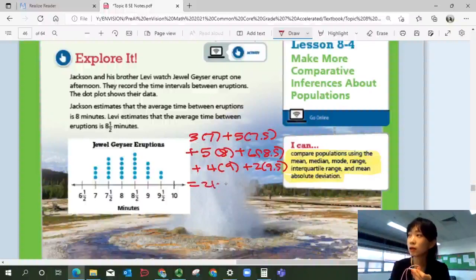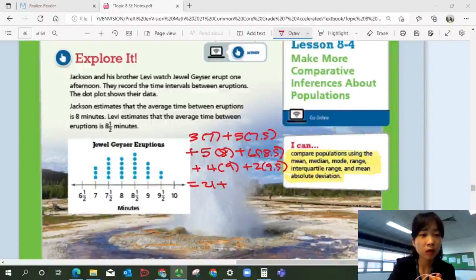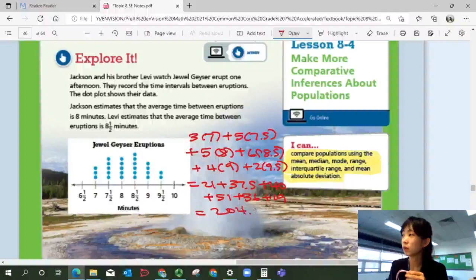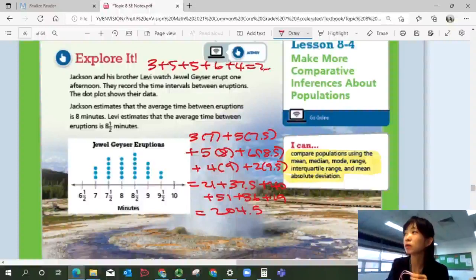So 21 plus 37.5 plus 40 plus 51 plus 36 plus 19 would be 204.5. So how many data do we have? We need to figure out the total number of the dots. 3 plus 5 plus 5 plus 6 plus 4 plus 2.